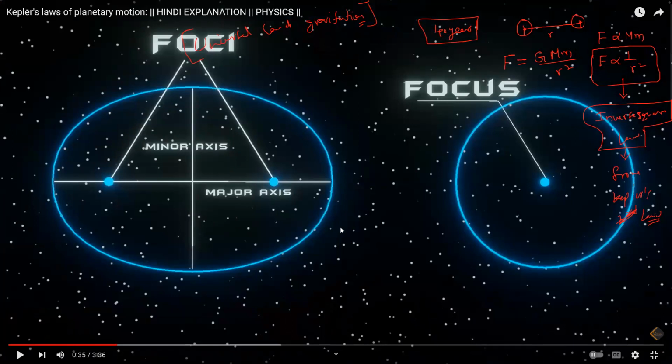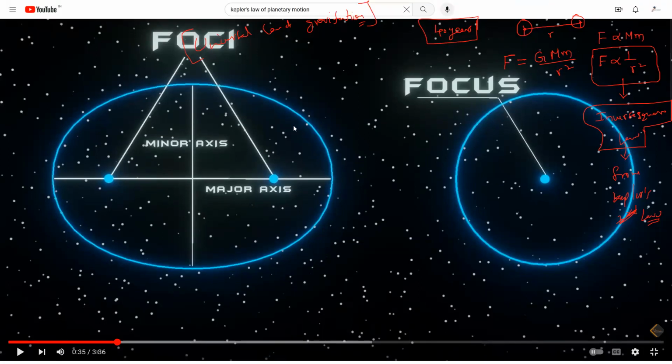So listen, everybody. The planets do not have a circular orbit. What is the orbit actually? It is an elliptical orbit, and each elliptical orbit has 2 axes: one is the semi-minor axis, and another one is the semi-major axis.